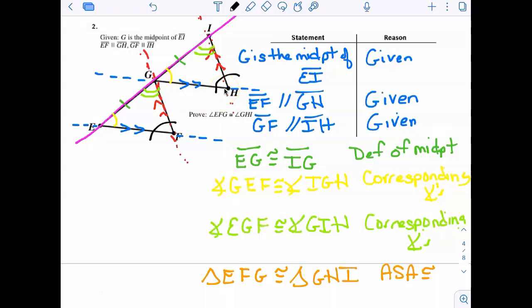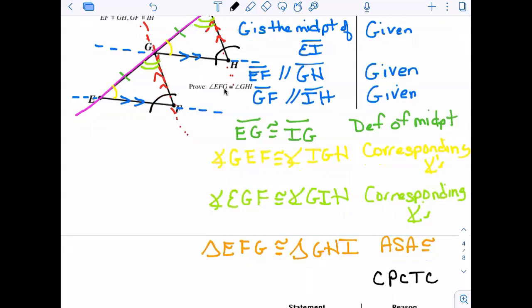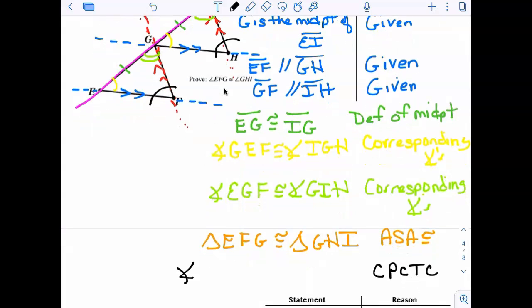Well, now we have corresponding angles, so now we can state that based on our rule that we just started talking about today, which is CPCTC. Okay, so we have that angle EFG is congruent to angle GHI. And that should be it for problem number 2.